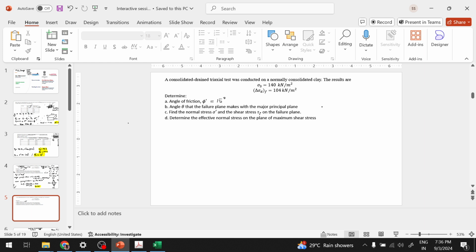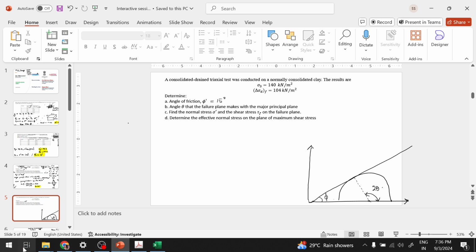Now for the second part, if you remember, when you draw your Mohr circle, this used to be your 2 theta, and this was your phi.